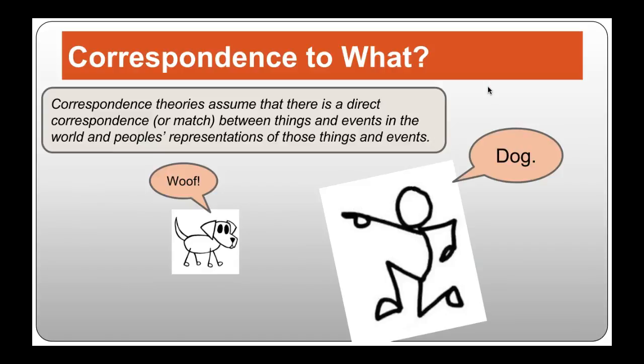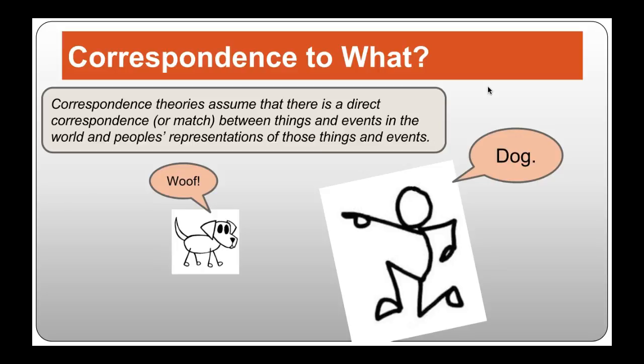So, when we're talking about correspondence theories, one of the things you might ask is correspondence to what? What does this even mean? So, in a nutshell, correspondence theories assume that there's a direct correspondence or a match between things and events or phenomena that are out there in the world, whether it's the pillow that is next to me on my couch, or a pencil in your hand, or a dog, or text on a page, right?